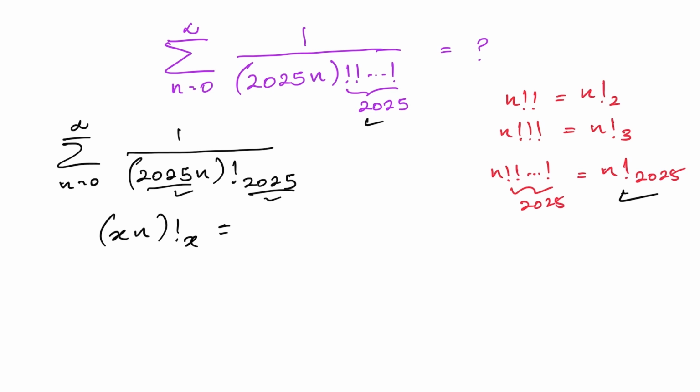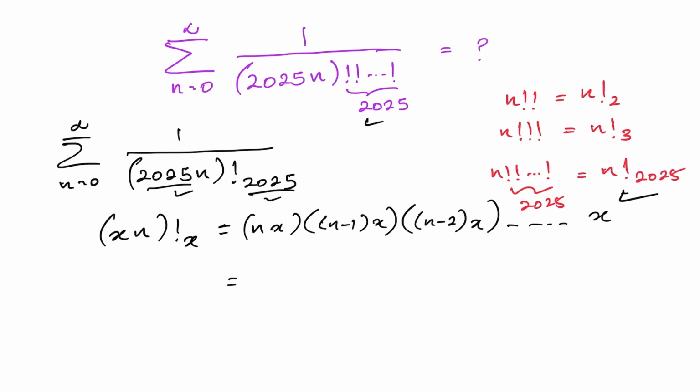We have the first term nx, then the next term (n minus 1) times x, and the next term (n minus 2) times x, and so on. So we have x, x, x, x, x n times, and n minus 1, n minus 2, down to 1. So we know definitely this is equal to n factorial.